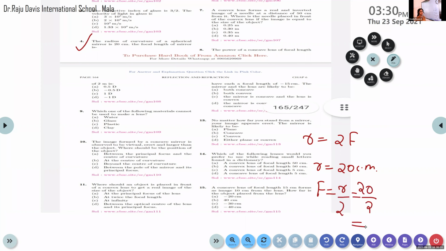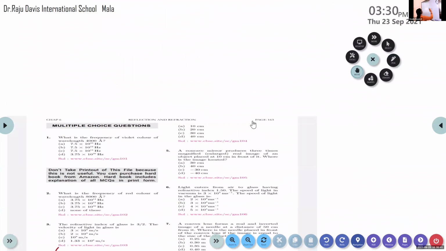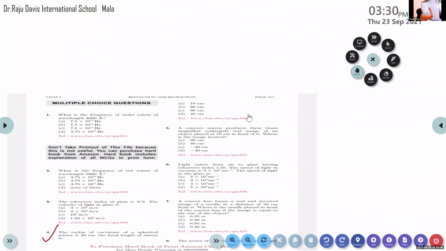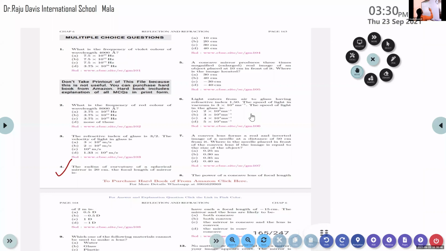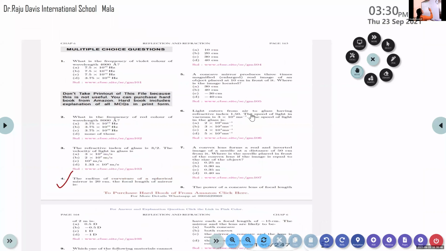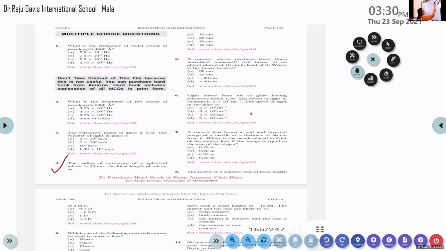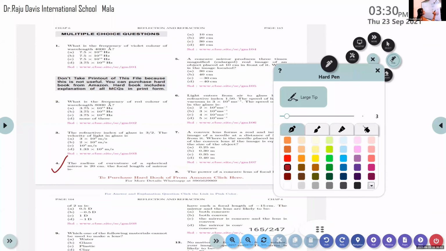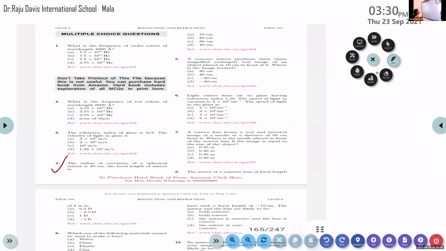So what is the final answer? 10 centimeter. Okay. We can check the options. Options are 10 centimeter, 20 centimeter, 30 centimeter and 40 centimeter. So the answer is 10 centimeter. So it's a direct question.